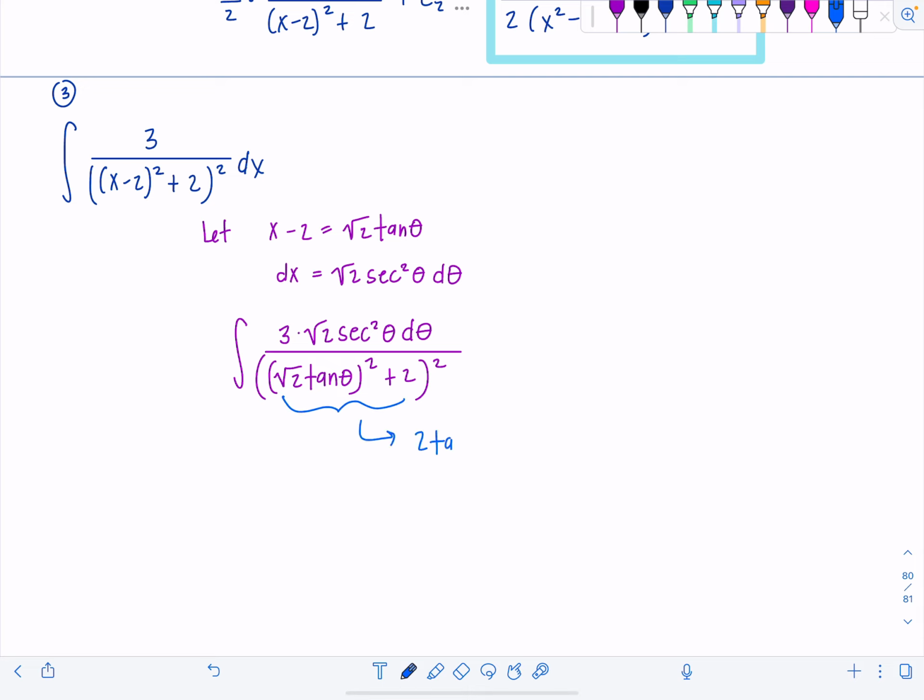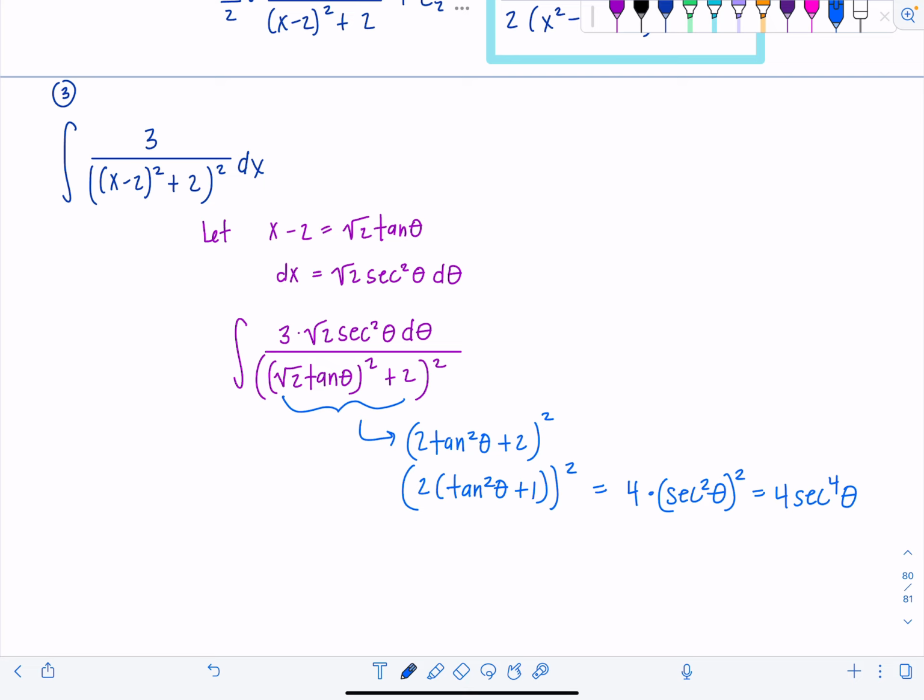That's going to be 2 tan squared theta plus 2, all squared, which is 2 times tan squared theta plus 1, all squared, which becomes 4 times secant squared theta squared. So it's 4 secant to the 4th theta.